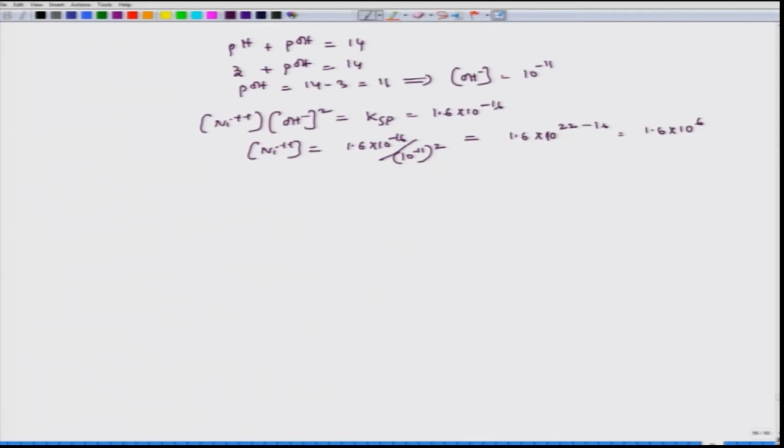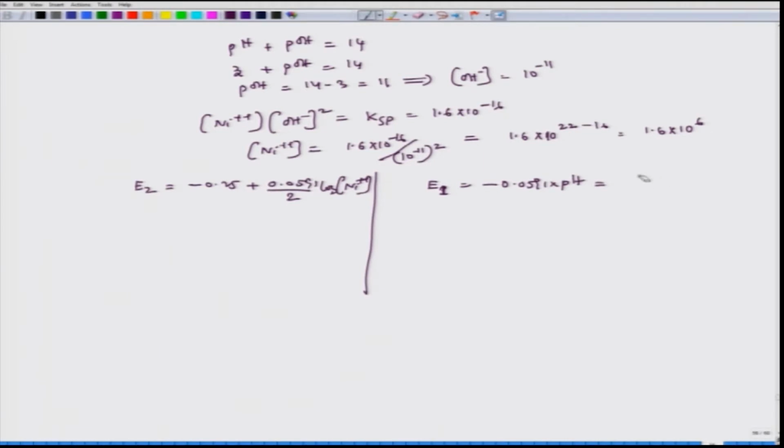So, we can again calculate E2. E0 is minus 0.25 plus 0.0591 by 2 log of the Ni plus plus ion concentration, and this side becomes 0.0591 into pH, which is 3.